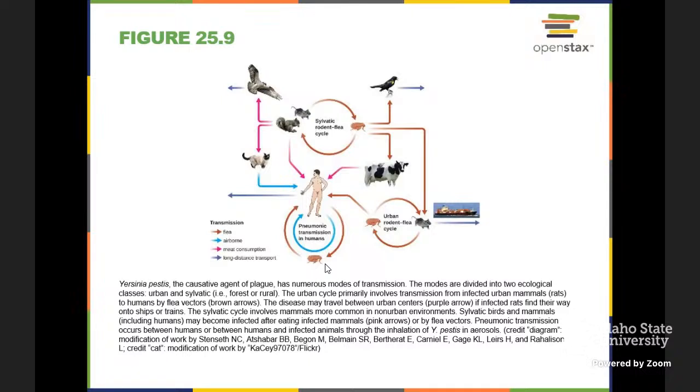Really kind of interesting, kind of disturbing. The bacteria gets into the flea as it's taking a blood meal, and as it gets into the midgut of the flea, it basically causes blockages. So the flea is full of bacteria, can't digest any food, and in turn wants to constantly feed.